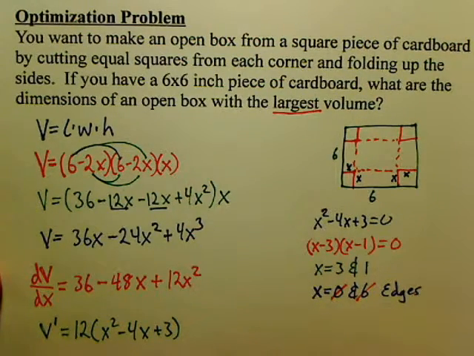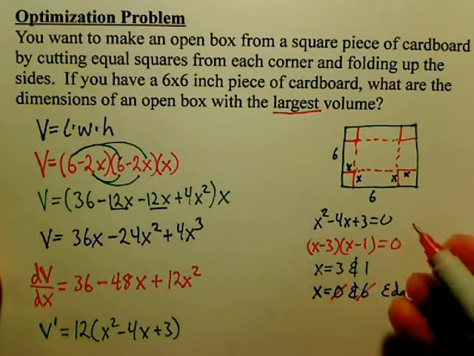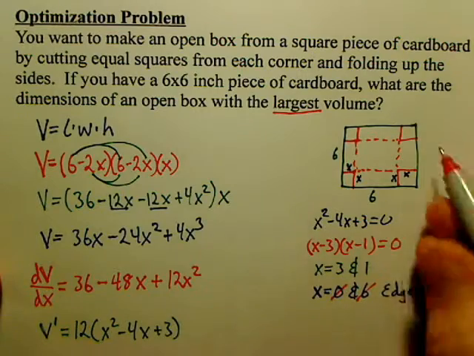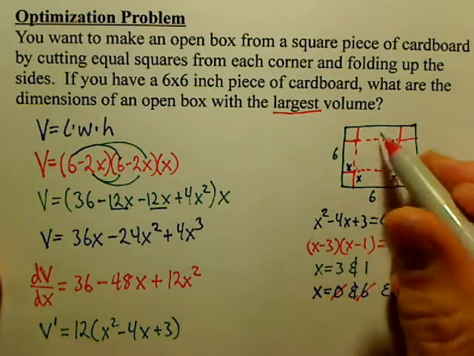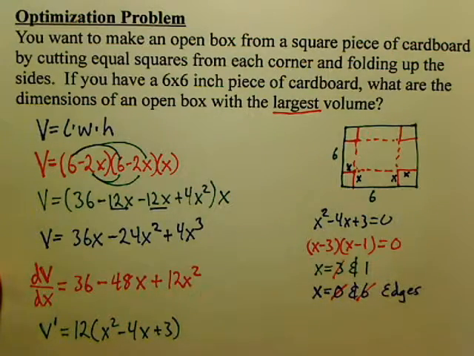Okay, throw that one out, because if this is 6, I can't cut the whole thing. Doesn't make sense. Alright, if I cut 3 inches in, that's the middle. If I cut that in half, I can't fold anything. So that one's done. So you want to go through all your answers and see if it actually makes sense. So all I have left is 1. So is that my answer for x? Is that how I'm going to give you the maximum amount of volume?